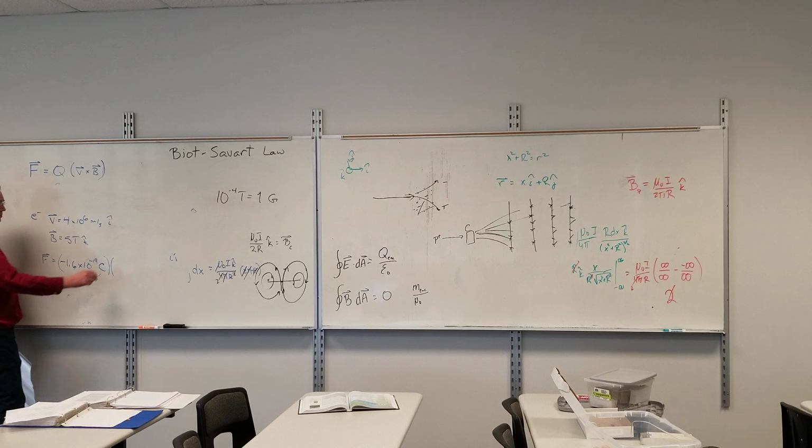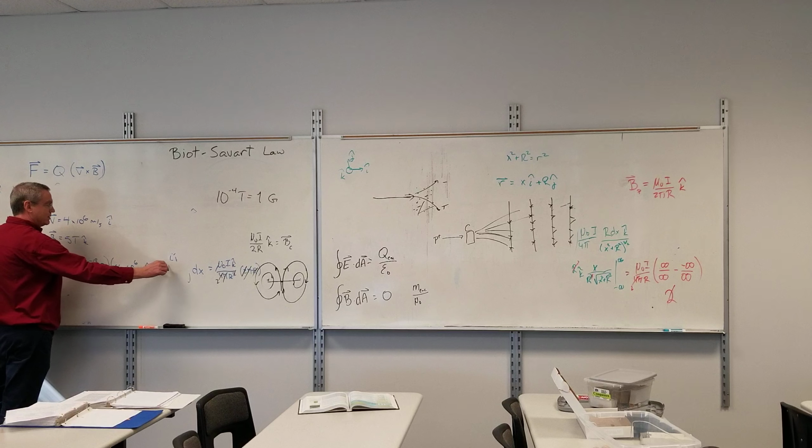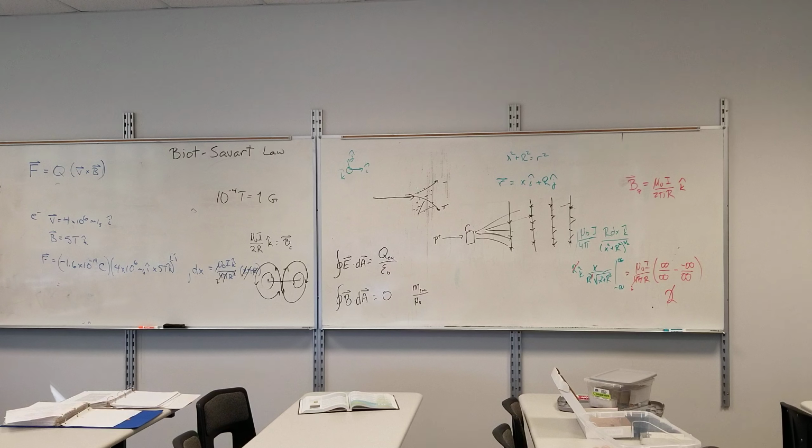Times velocity, so I have 4 times 10 to the 6th meters per second I hat, cross 5 Tesla K hat. We crank through that. First off, let's do the vector piece. I hat cross K hat, J hat. Or, no, that is right. Okay, yeah, I, J, K, I.